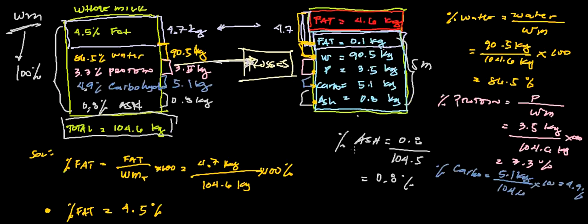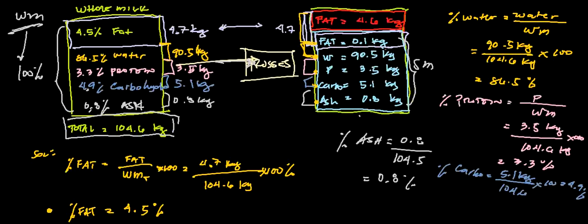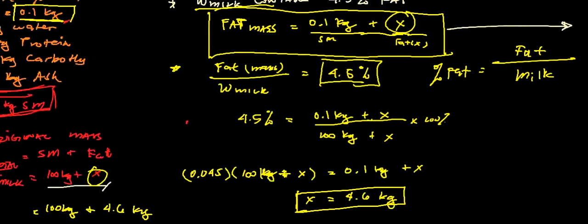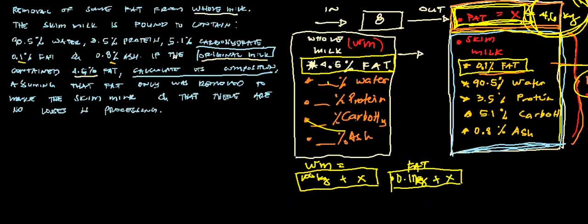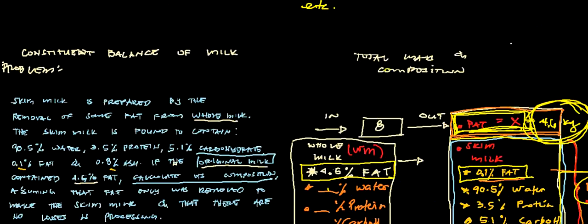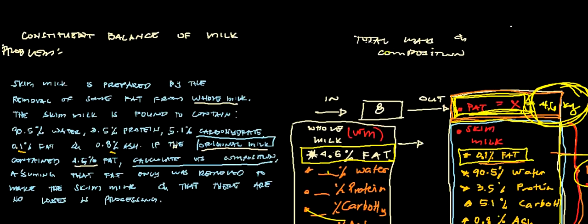So that's all for our example regarding the total mass and composition using the mass balance or the material balance. Thank you so much, and see you on our next video.